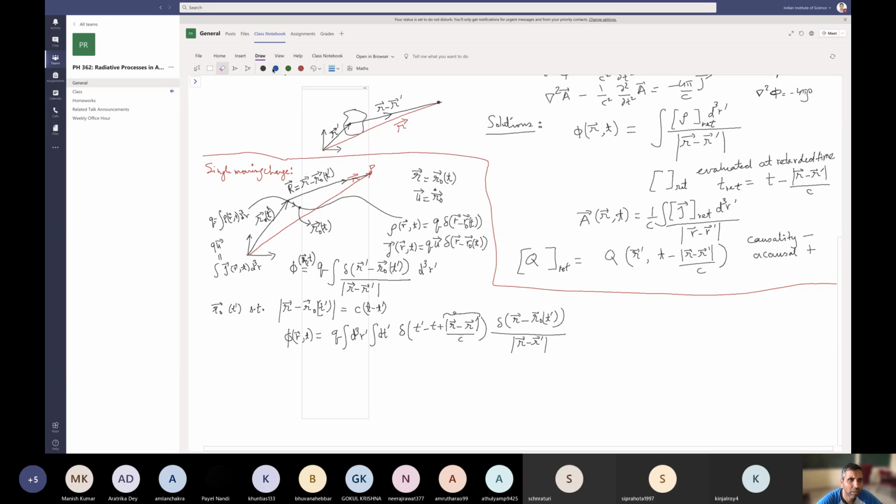This is R, and this is the vector R, this is R. Okay, and this r prime is actually the integration variable. This t prime is integrated over all possible times, retarded times, and this delta function imposes that relation between capital R, t prime and t. Okay, so let's see.